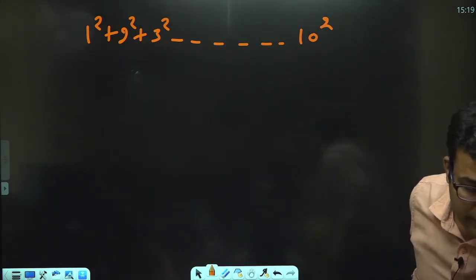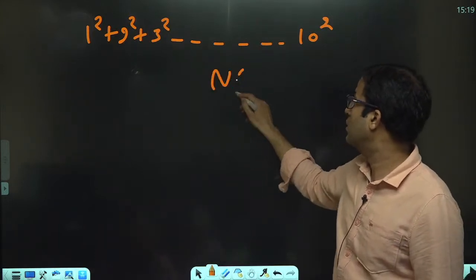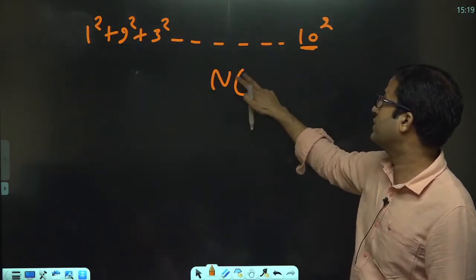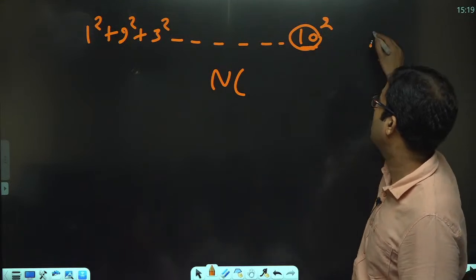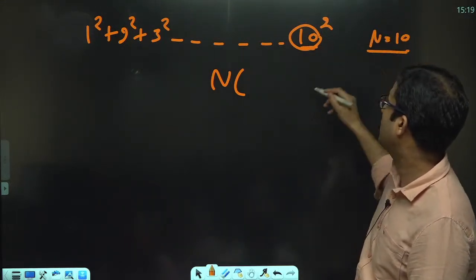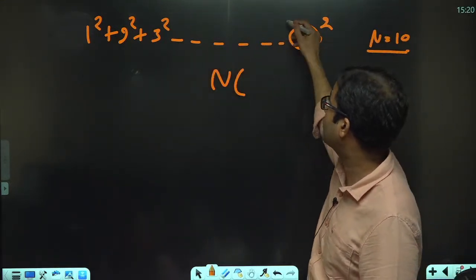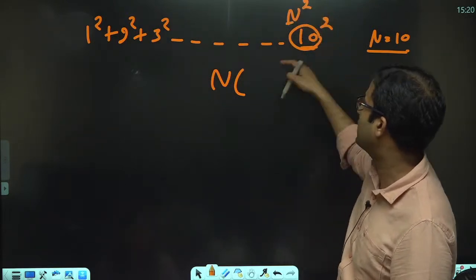Don't put square here. 10 square नहीं है, ये n है. This is 10. Don't take 10 square. This is n is 10. I have told 1 square, 2 square, 3 square, n square. Value of n is 10. n is not 10 square.